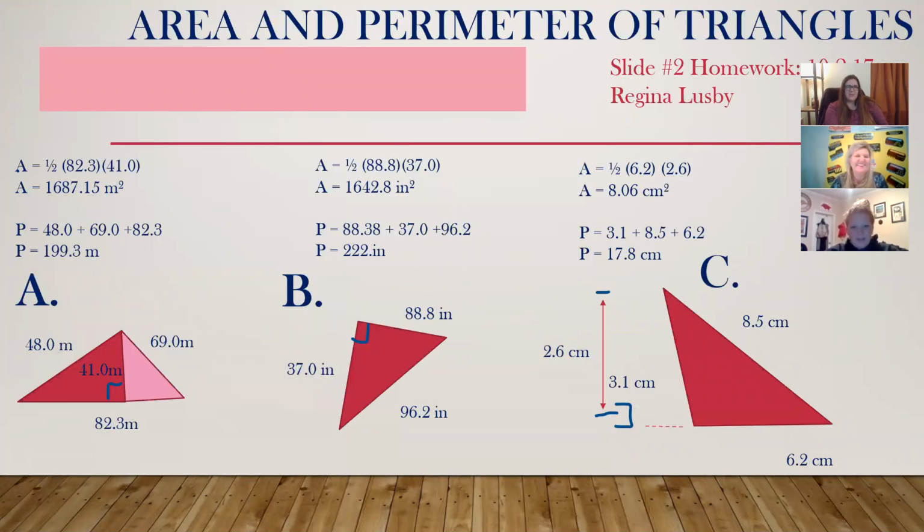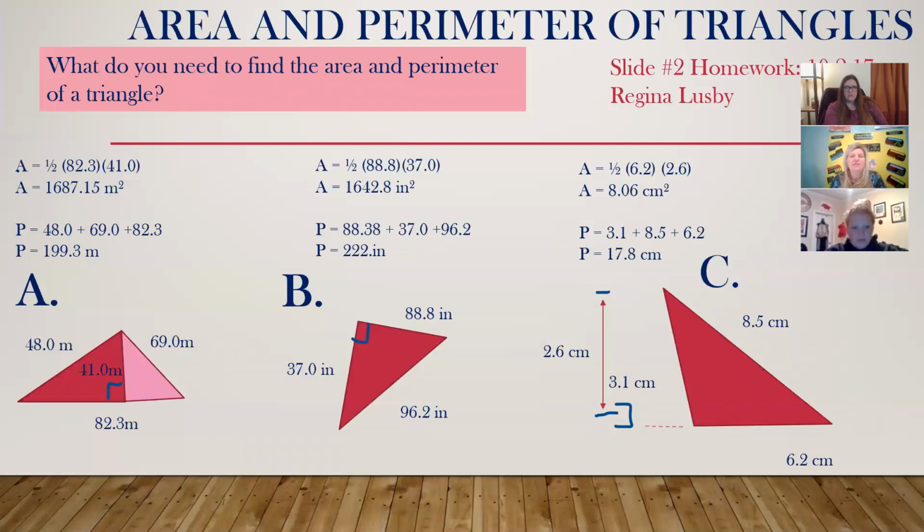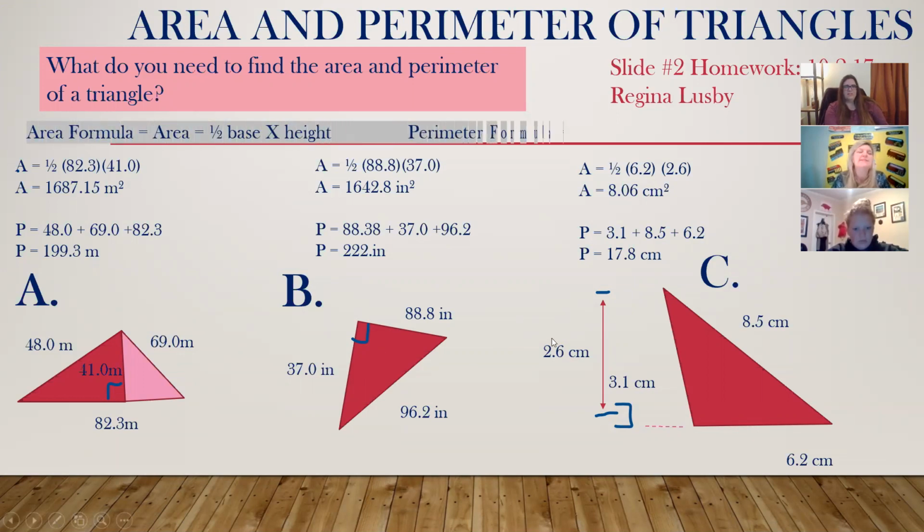So Regina, area and perimeter of triangles. What do you need to find the area and perimeter of a triangle? Well, for each of those, we're going to have a formula. What you really need to know is the formula for each.